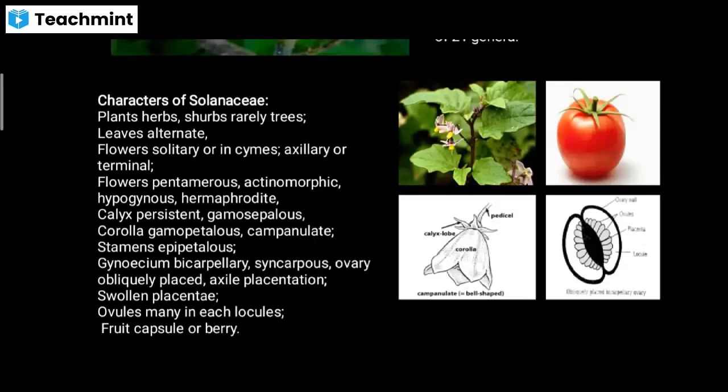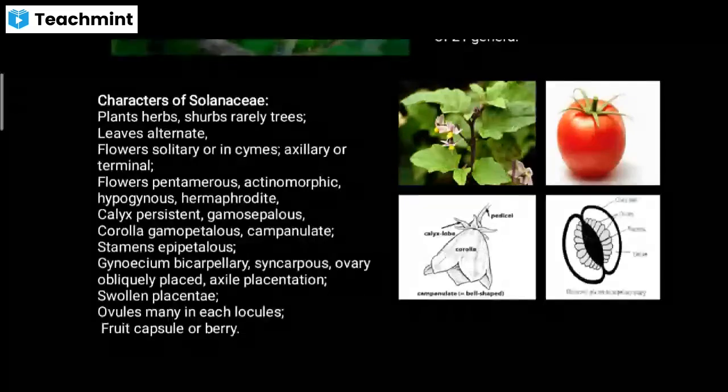Campanulate is one of the special characters of the family Solanaceae. That means the shape of the corolla is bell shaped. It is one of the important identifying characters of the family Solanaceae, that is, a bell shaped corolla is present.